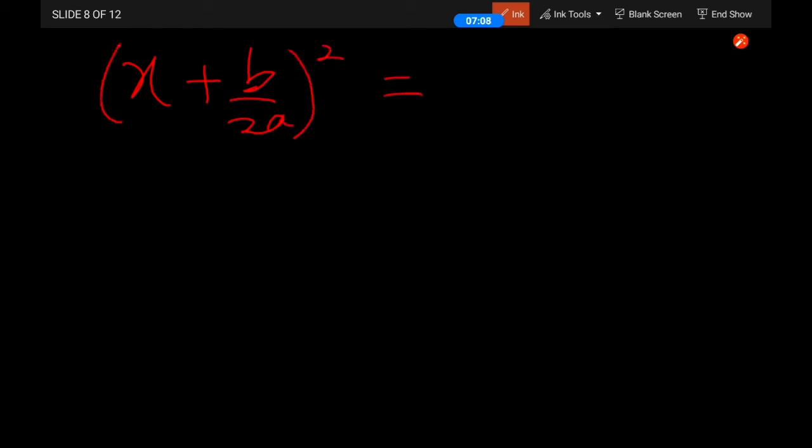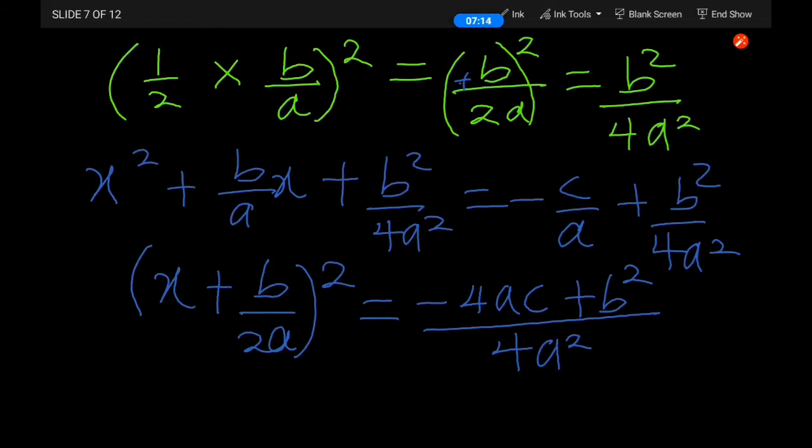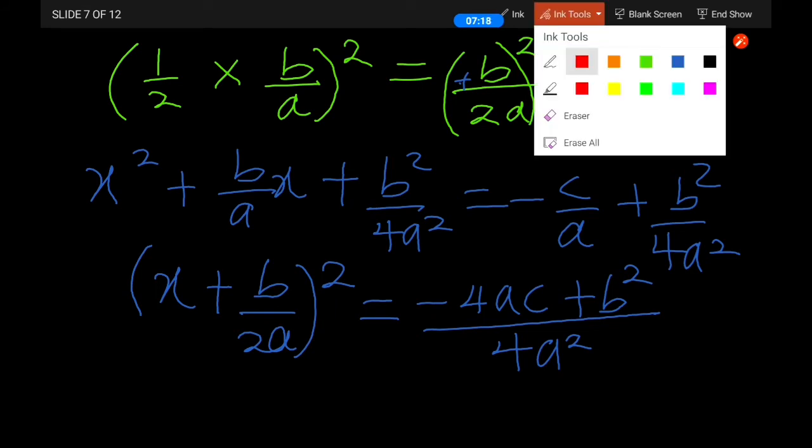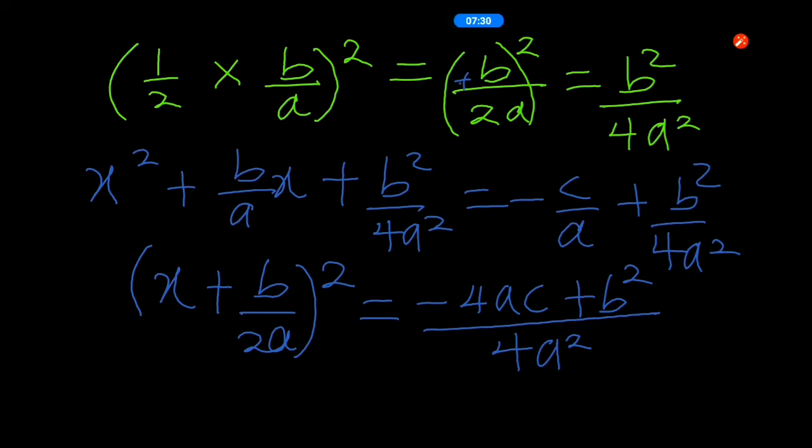If you arrange this very well now, you're going to be getting b squared minus 4ac over 4a squared. Yeah, that's what we have in there. B squared minus 4ac over 4a squared.